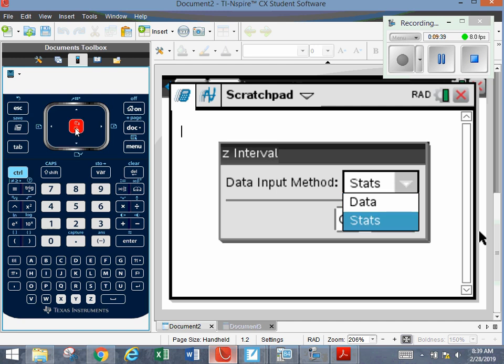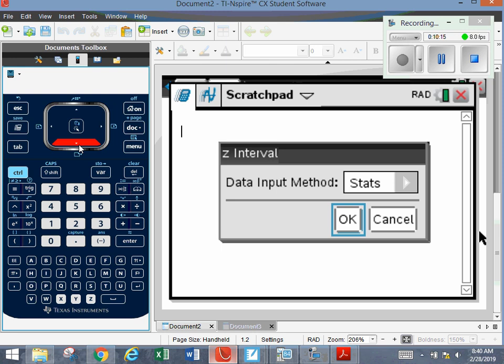We're going to use statistics, okay? If you're going to use a T distribution and you're given all the data, unfortunately, if you put data in there, it's going to try to calculate and it gets weird, just because you don't actually have the standard deviation of the population.